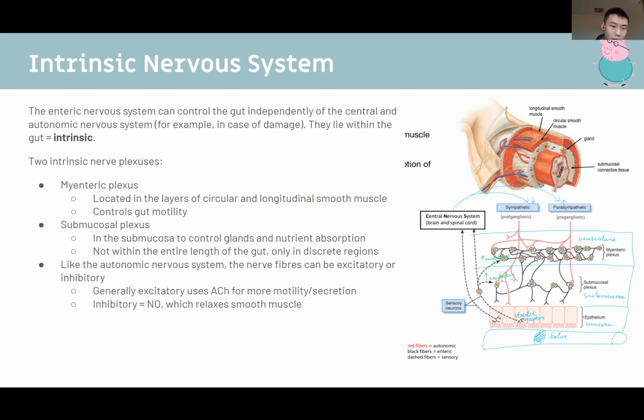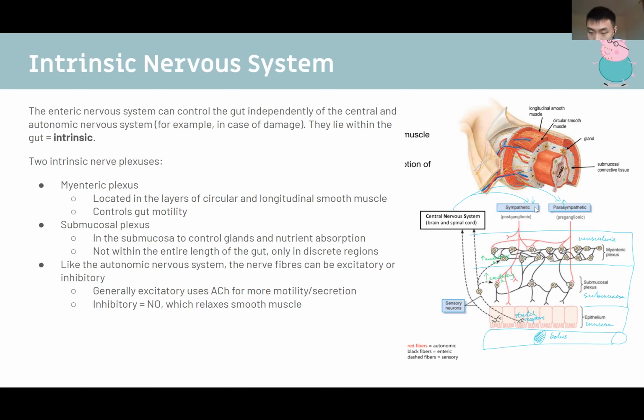So just like your autonomic nervous system, these fibers can either be excitatory, so they might trigger secretions, they might trigger gut motility, or they can inhibit them. So generally, same as parasympathetics, they use acetylcholine for motility and secretion, but they will use nitric oxide to relax the smooth muscle when they're trying to inhibit the smooth muscle contractions.